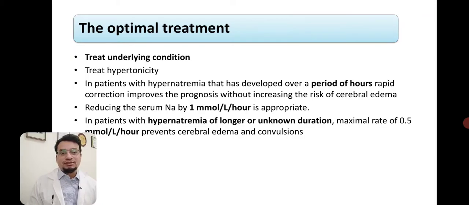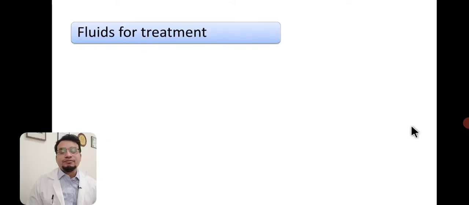That's what guidelines say. In patients with hypernatremia of longer than 48 hours or unknown duration, the maximal rate of correction should be 0.5 millimole per liter per hour to prevent the cerebral edema and convulsions happening due to overcorrection. What should be the fluids for the treatment?